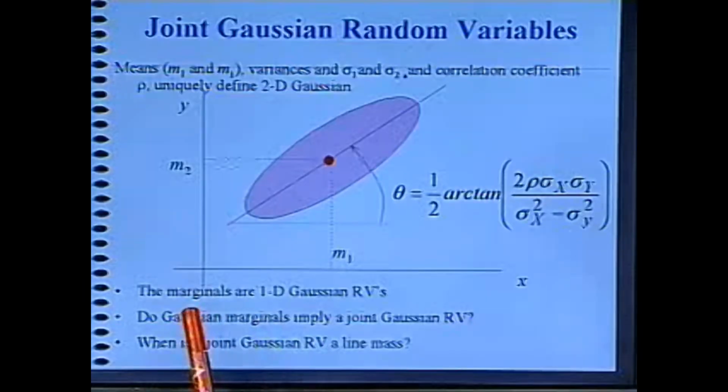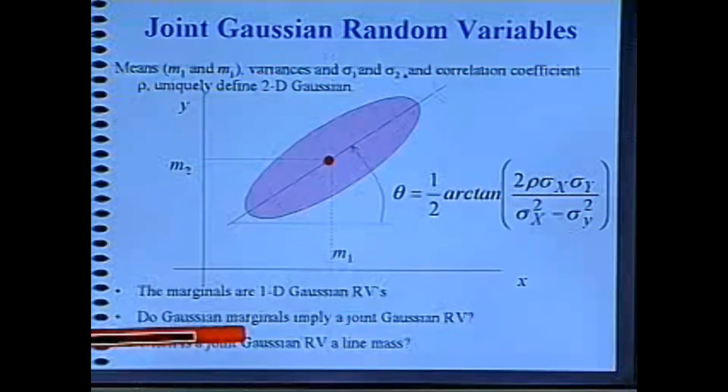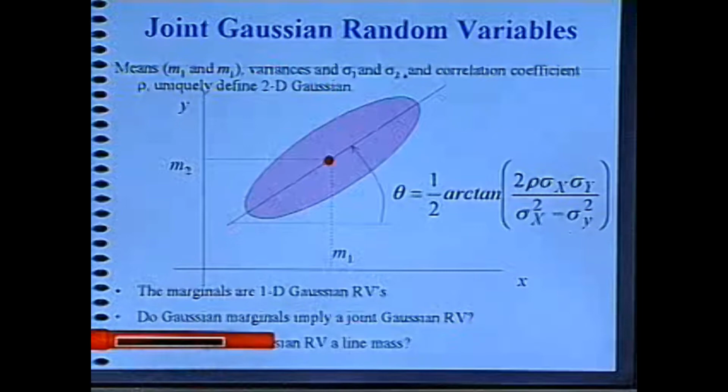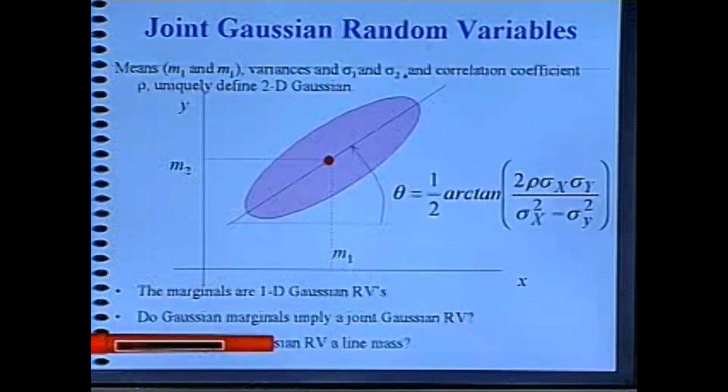Let's look at the second question. Well, the first question, the marginals are 1D Gaussian random variables. The second one is, do Gaussian marginals imply a joint Gaussian random variable? This is an interesting question, which was actually posed to me. There's a physicist named Leon Cohen, and he gives talks on joint time frequency representations.